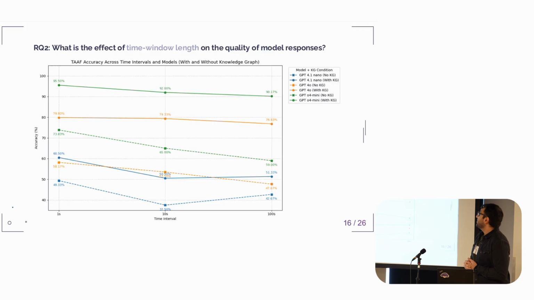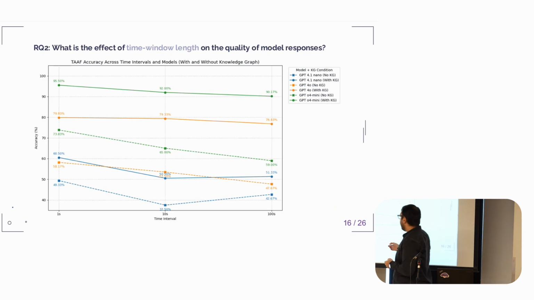The second research question is, what is the effect of time window on the accuracy of the responses? Here we have the time windows, 1 second, 10 seconds, and 100 seconds of data, and we have different large language models with different colors.